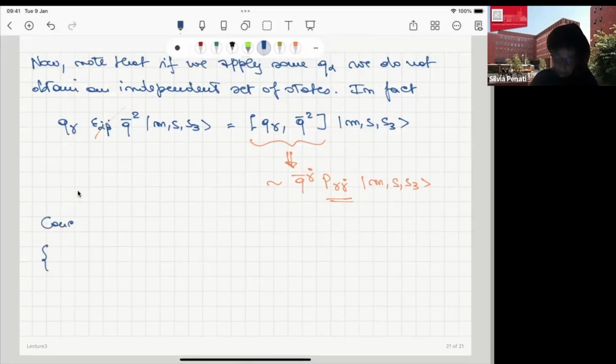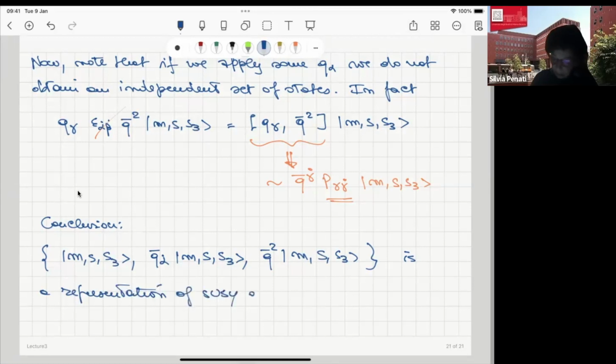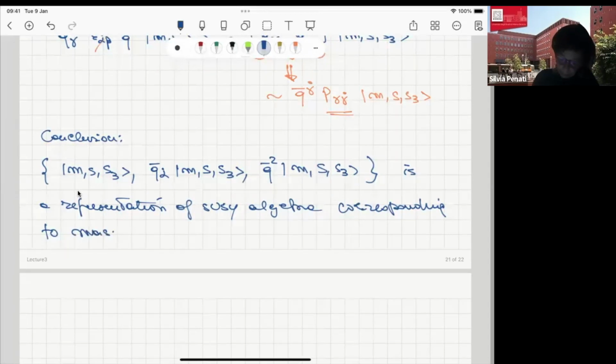So the conclusion is that if I consider M S S3 together with the Q bar alpha dot, M S S3 together with Q bar square, M S S3, this is a representation of SUSY algebra corresponding to mass M. Remember that all the multiplets belonging to a given supermultiplet have the same mass.